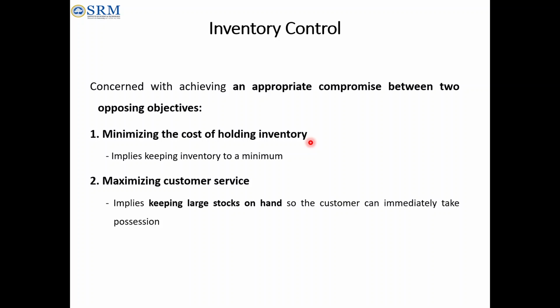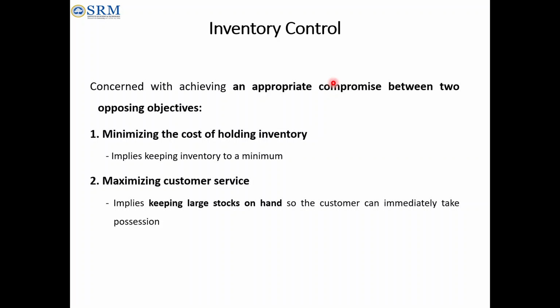In inventory control, there will be two objectives. Both objectives are totally different in nature. That's why the first line mentioned here is concerned with achieving an appropriate compromise between two opposing objectives. You have to compromise between two different objectives.